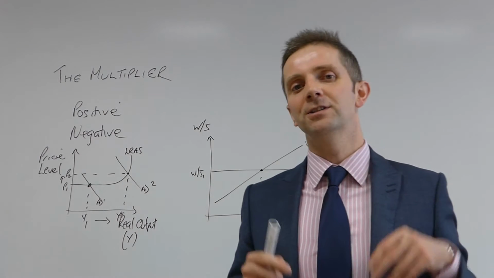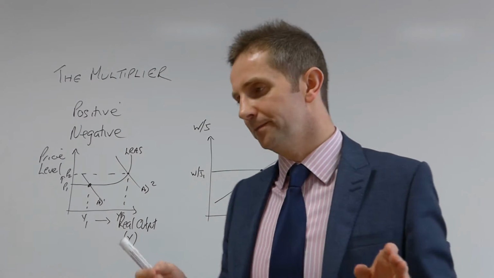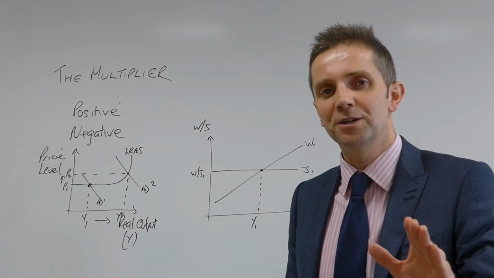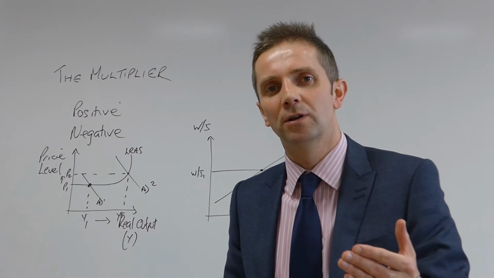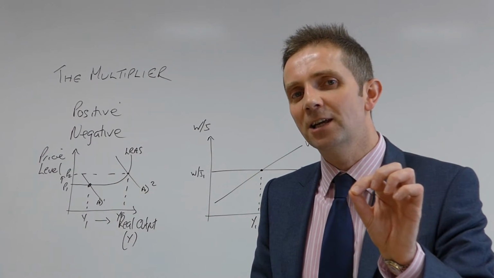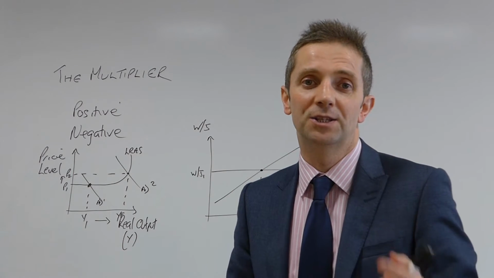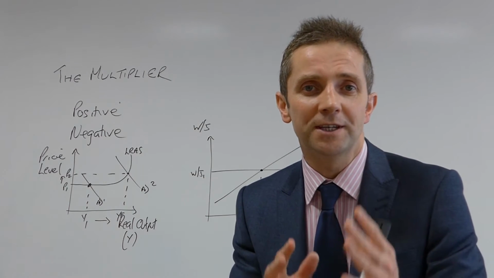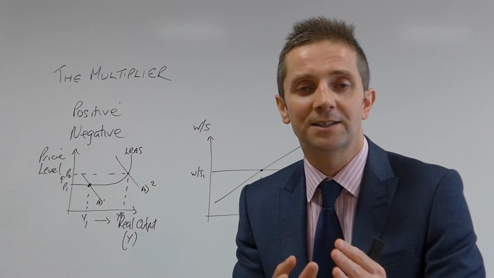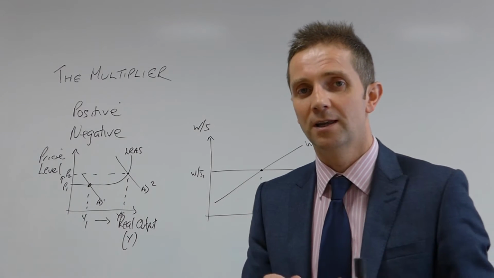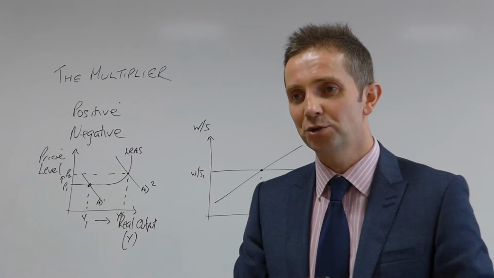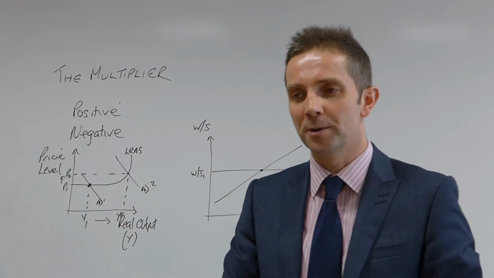So the multiplier, the definition of it is as follows. A change in expenditure, whatever its source, causes a change in national income which is greater than the initial change in expenditure. So in other words, if the government increases its spending, let's say by £100, that would be the change in expenditure or the injection into the economy.